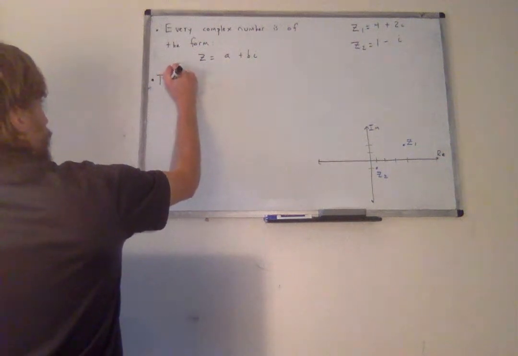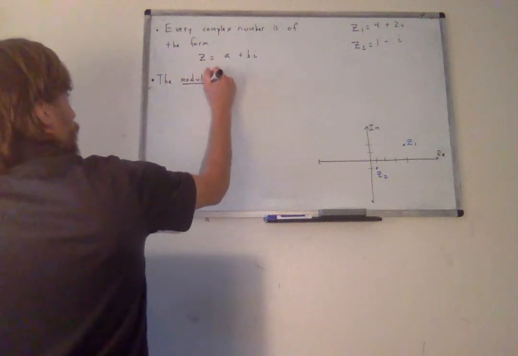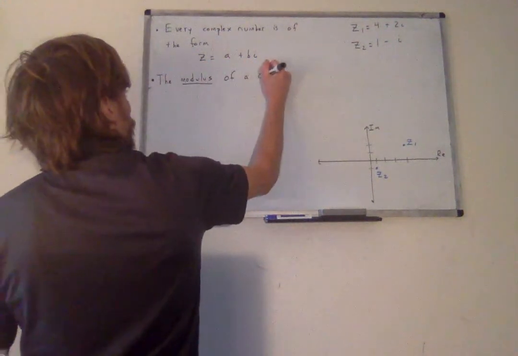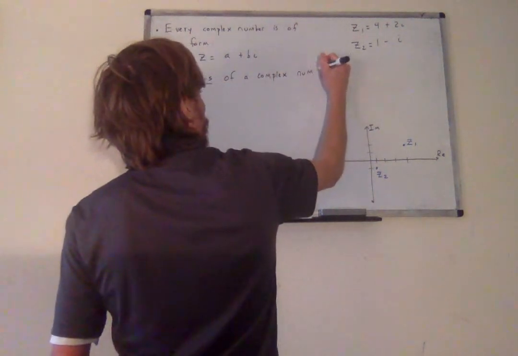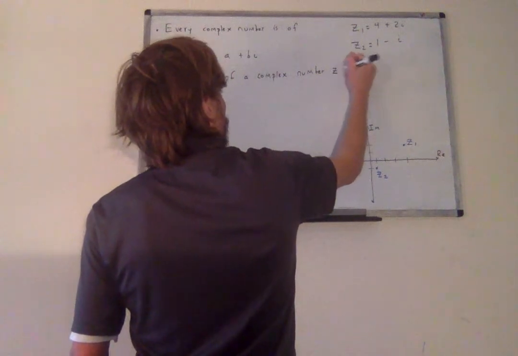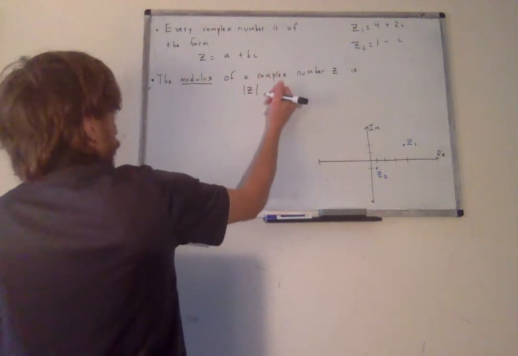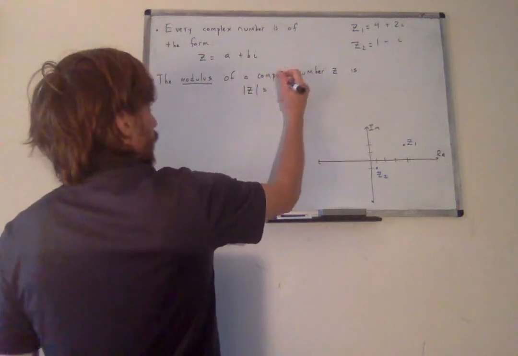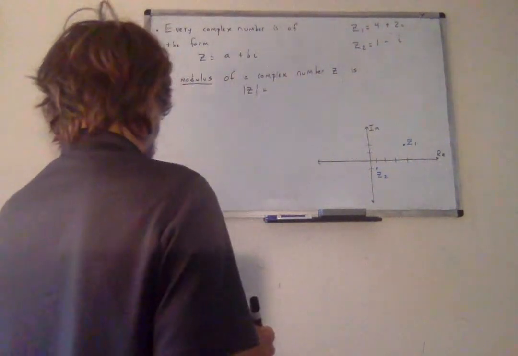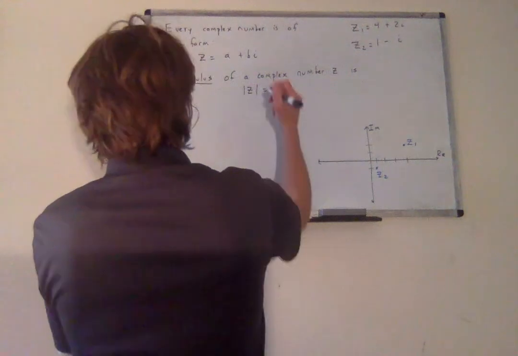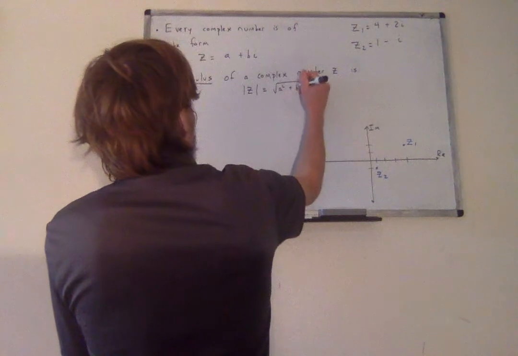We'll say the modulus of a complex number z, we usually denote it as the absolute value of z, equal to the square root of a squared plus b squared.